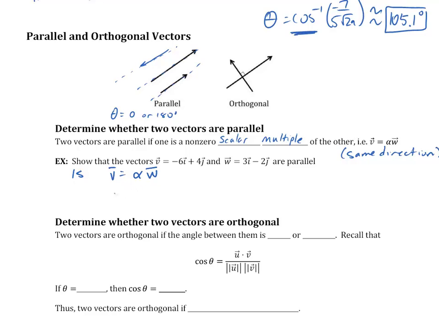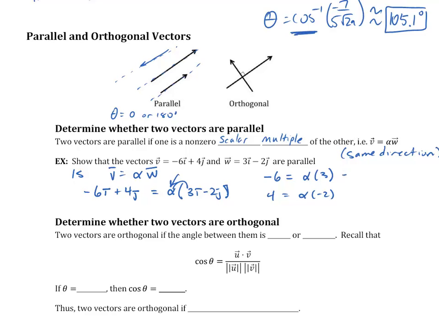Now, since this is negative 6i plus 4j, and this is 3i minus 2j, can I find a number that makes that work? Is negative 6 some alpha times the number 3, from here? And is 4 that same alpha times the negative 2?